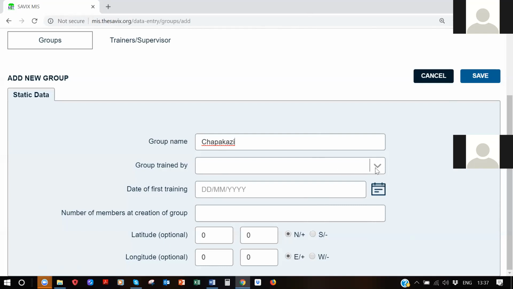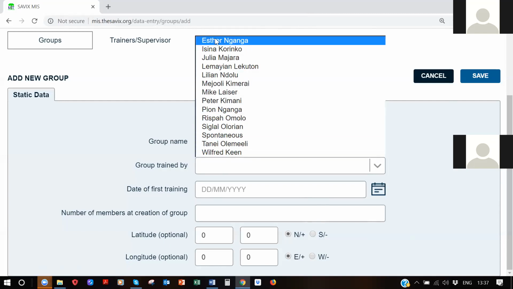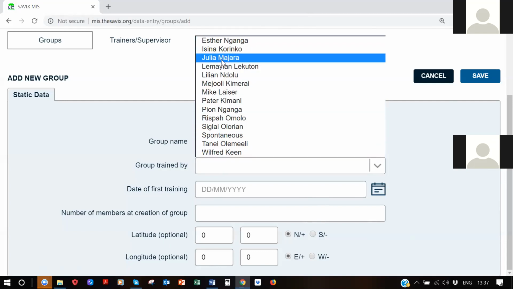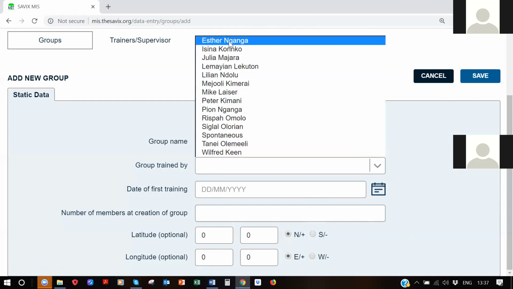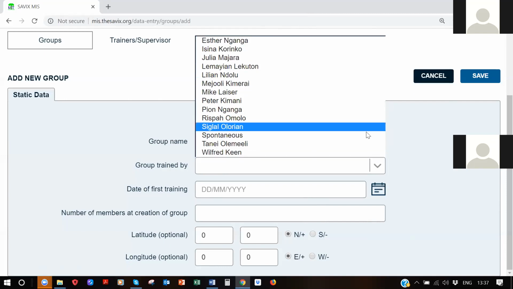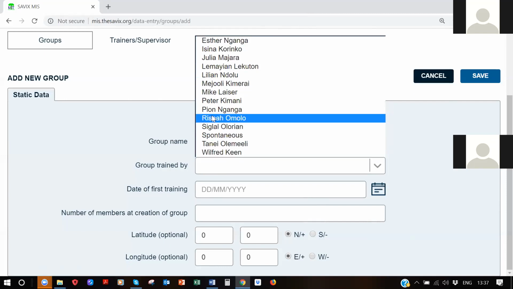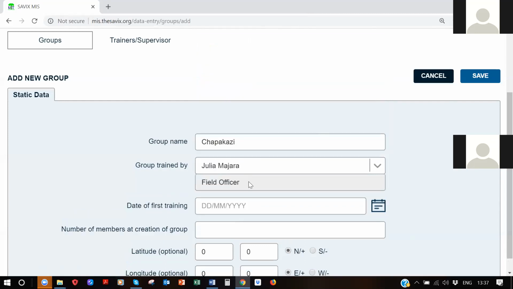Okay, Julia Majara. So I click on here and notice the names I've got here. All these people are either field officers or village agents. You won't find the name of a supervisor, only a field officer or a village agent. So the one we want to click on is Julia Majara. And what's the date of first training?